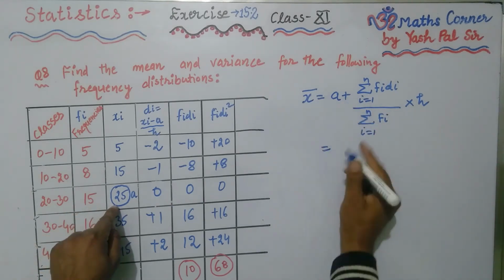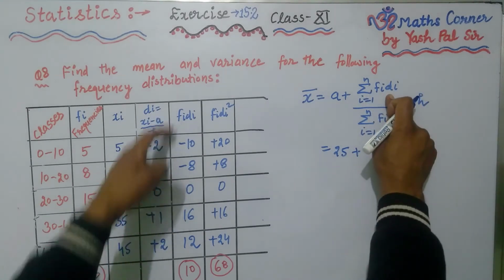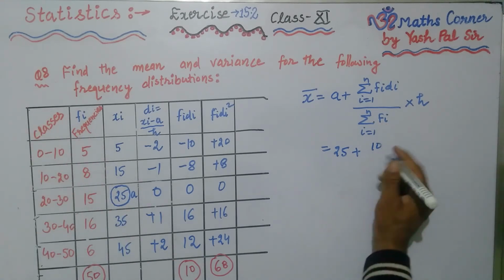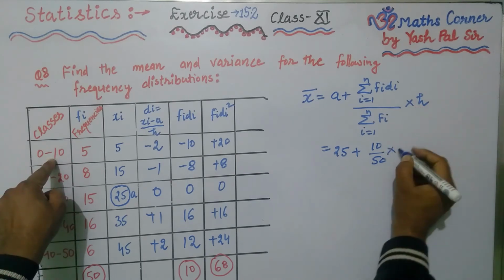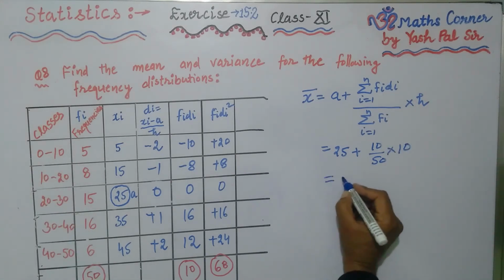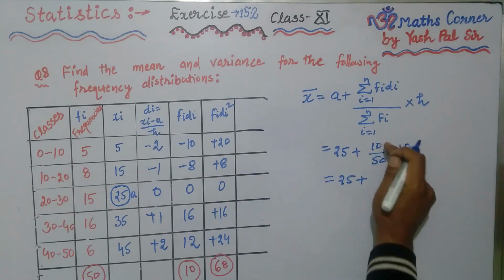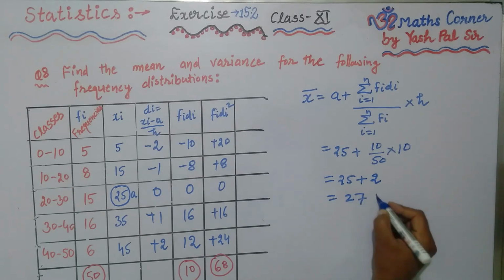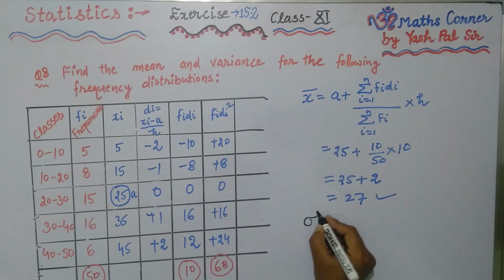The assumed mean is 25, plus the sum of fi di is 10, divided by the sum of fi, which is 50, into h, this is 10. Now this becomes 25 plus 2, so 27 is the mean of this frequency distribution. Now we calculate the variance sigma square.